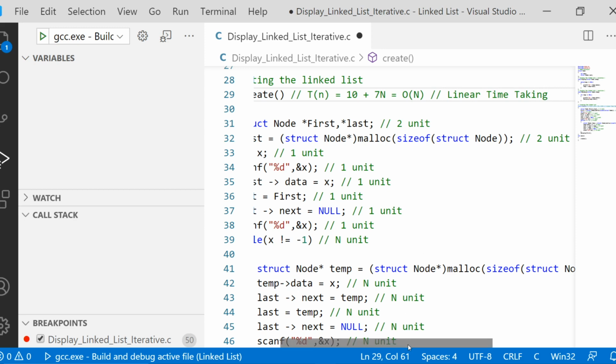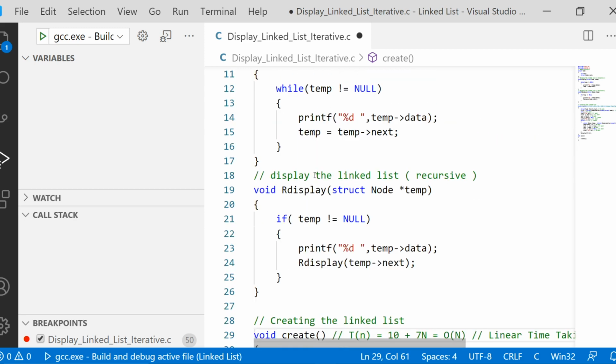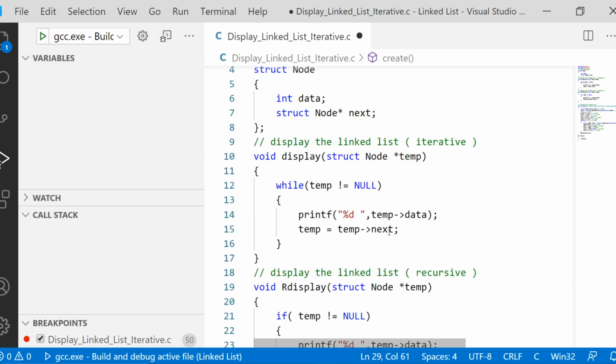Fine. Now let us come to the display function, the iterative display function. Coming to the iterative display function, how to find its time complexity? Let us write the unit time taken by each and every line. Tell me how many times this condition would be checked.